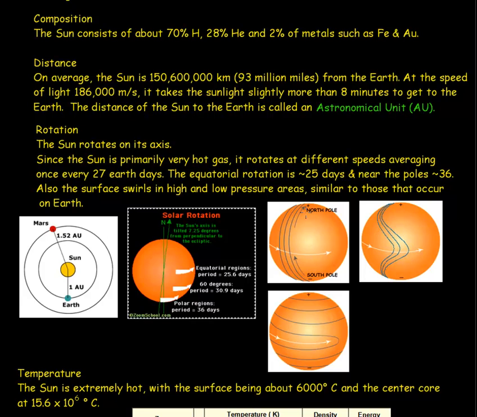It does have banding because of magnetic storms that are going on. What happens is the equator is moving at a much faster speed, so these fields actually get tugged and pulled, and you can see they can actually get wrapped around, and this is where it starts causing problems with solar storms on the surface of the sun, likely places to find sunspots, which again we'll talk about later.